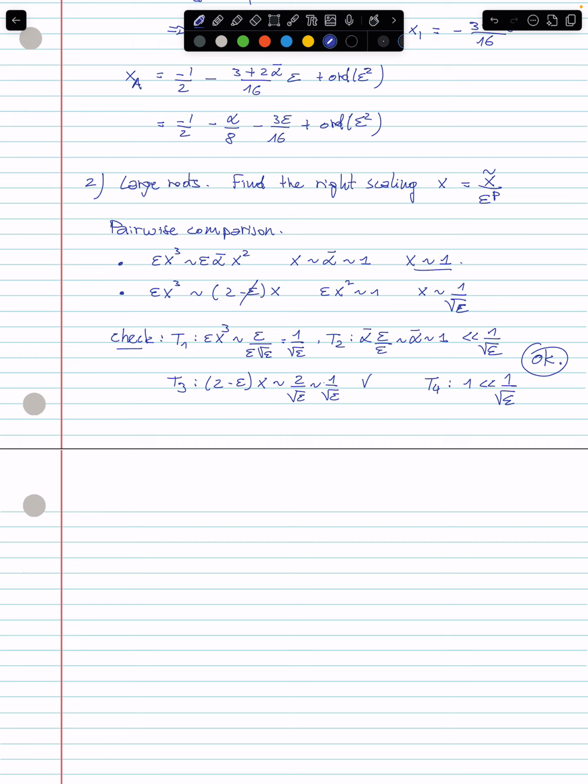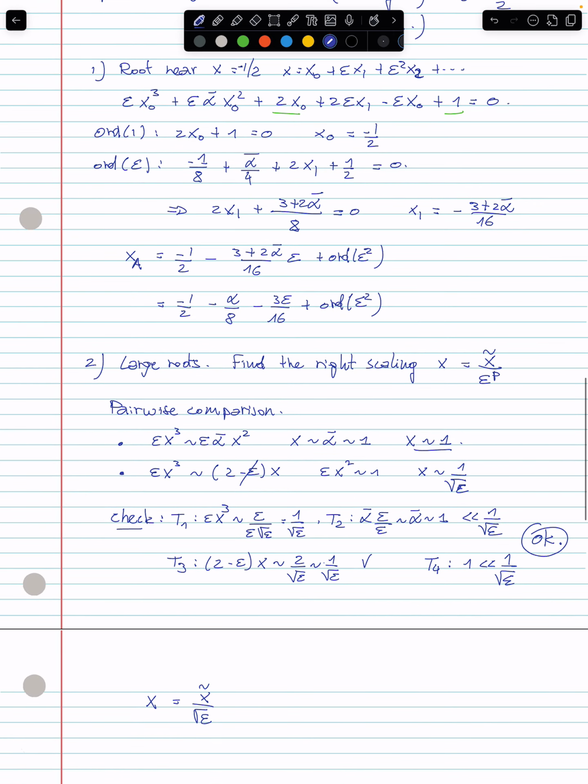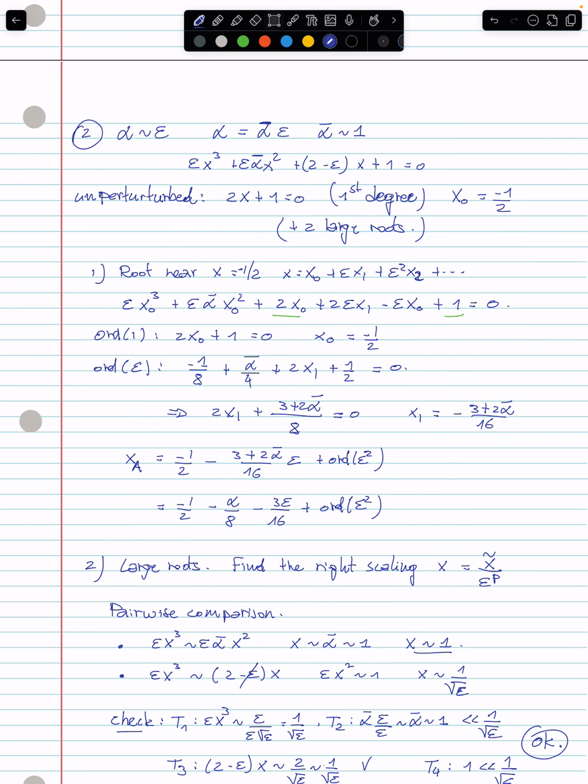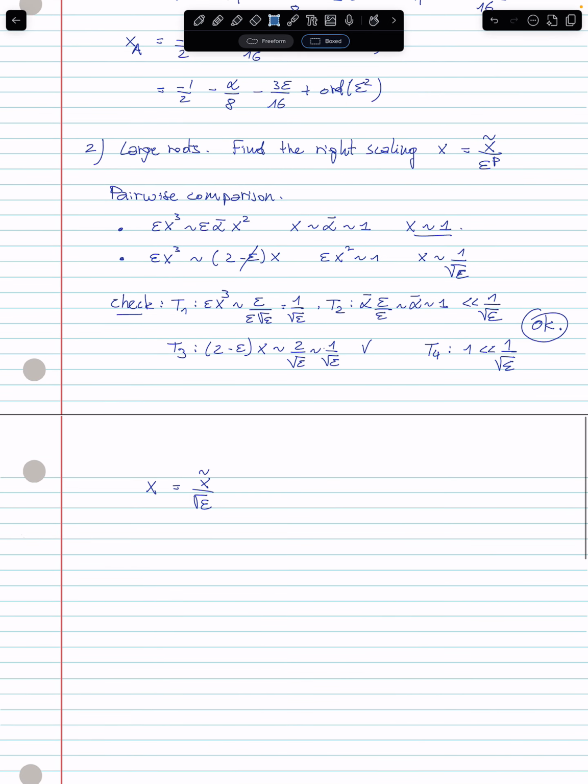So the right scaling is x tilde over square root epsilon, and now we can use this to substitute in the original equation, which I'm going to copy here to get it a little bit closer.